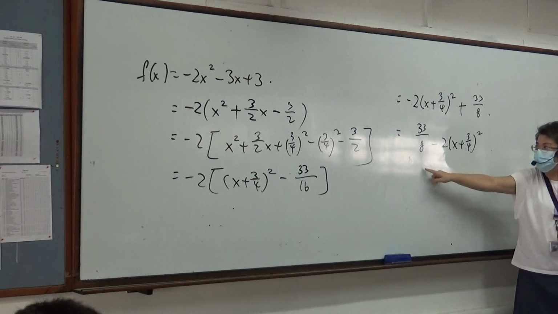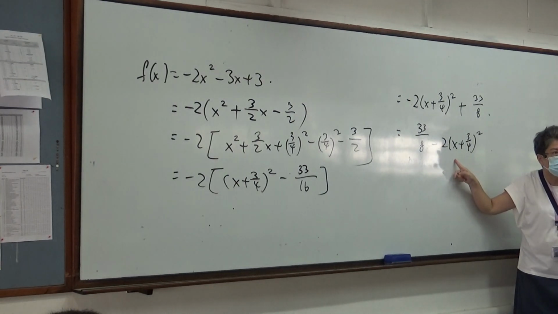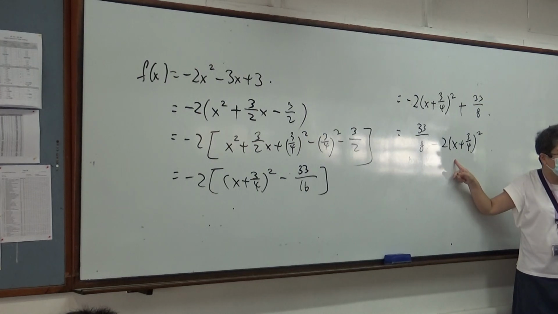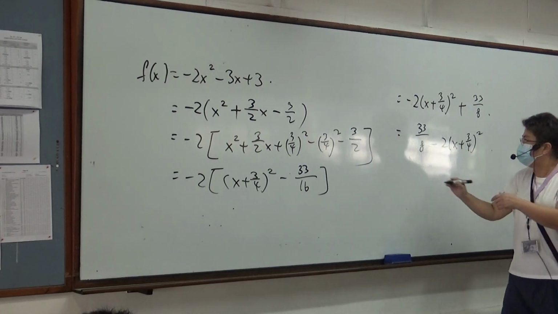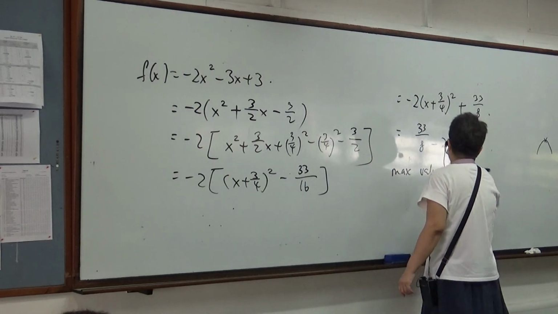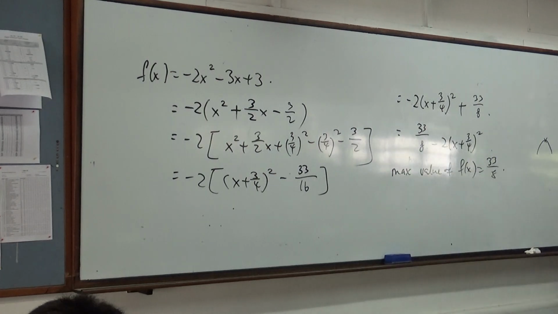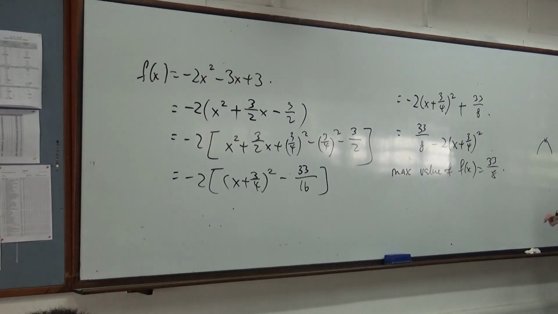This maximum value will occur when x is what? Negative 3 quarters. Can you see what I'm talking about? So, what is the maximum value of f(x)? It will be 33 over 8. Can you see what I'm talking about here? Can or cannot? Yes or no? Yeah? All of you, I'm going to summarize here.